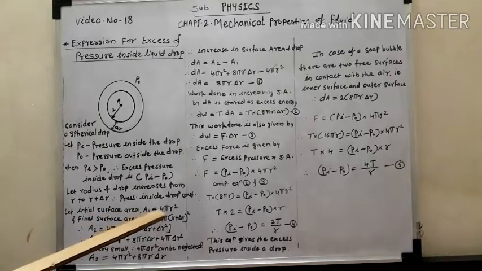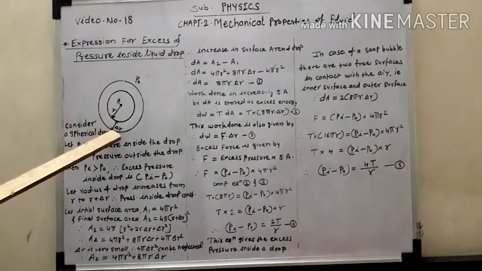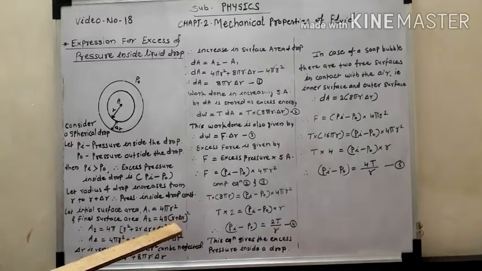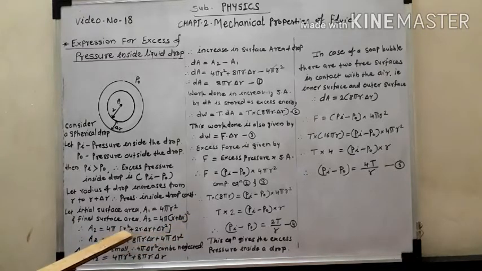Initial surface area A1 is equal to 4 pi r square. Final surface area A2 is equal to 4 pi into bracket r plus del r bracket square. We expand this square: A2 is equal to 4 pi, r square plus 2r into del r plus del r square.